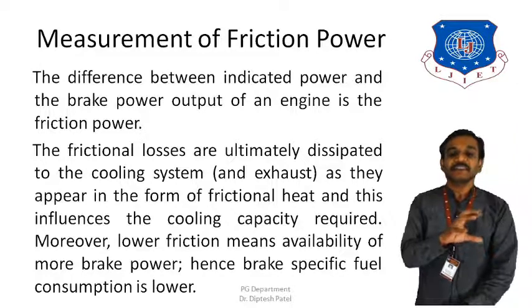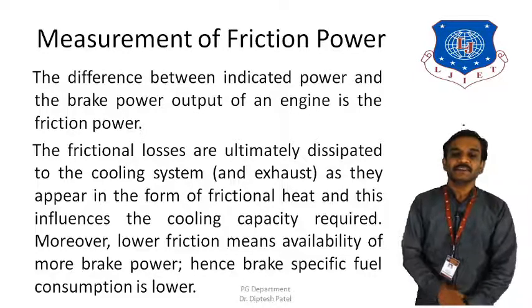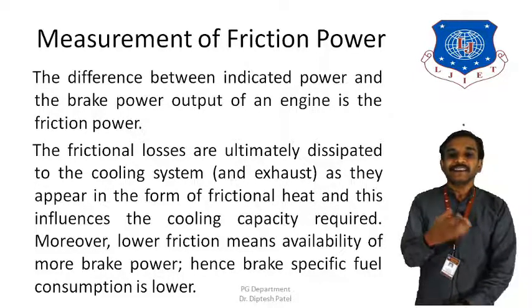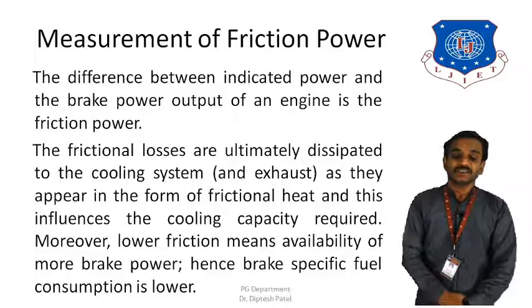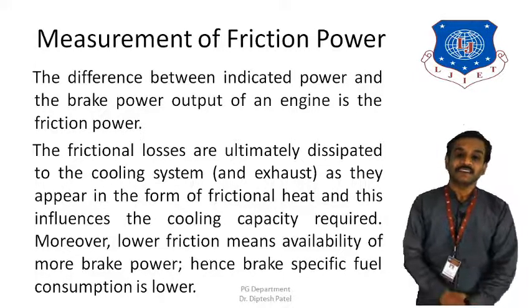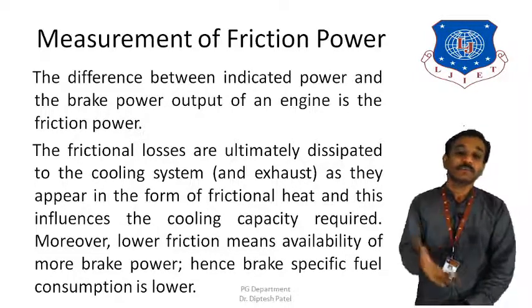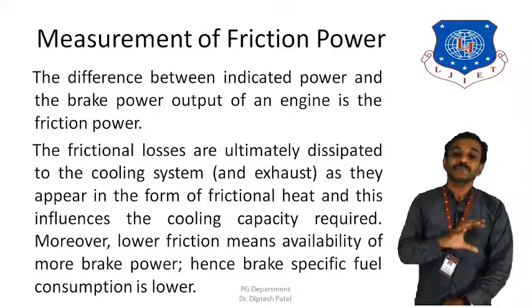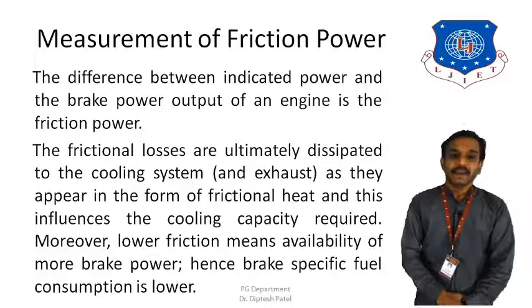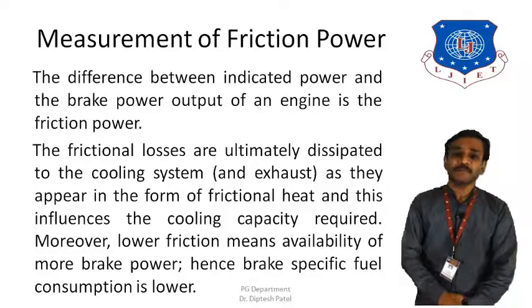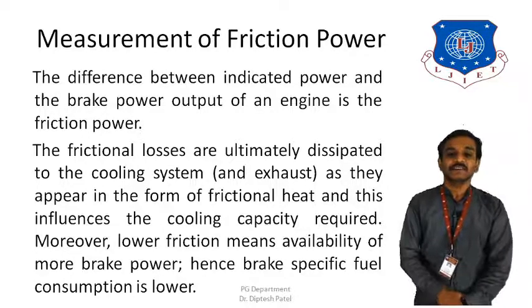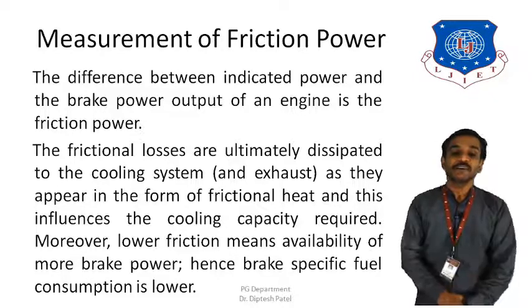Since the indicated power is much higher as compared to the brake power, the brake power is less due to the friction that occurs in the IC engine because of the relative motions of the various components, and therefore it consumes a certain amount of power. So if you want to calculate the friction power, it is the difference between indicated power and brake power. Therefore, if the friction power is much higher, then the overall availability of the brake power would also be lower.